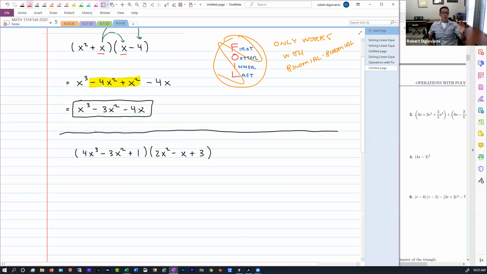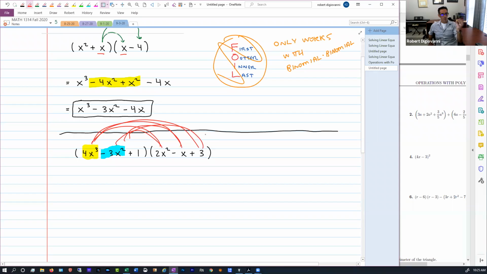And the way we do it, just watch me first and just think about what I'm doing. I'm going to take the first monomial here, and I'm going to multiply it through the other parentheses. Okay, distribute it through. Write down those three answers. Then I'm going to move on to the second monomial and pass that through the other parentheses.